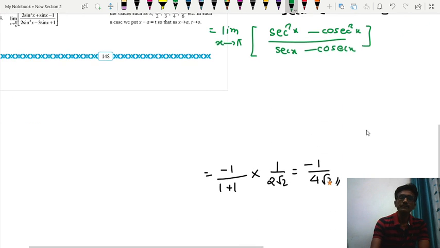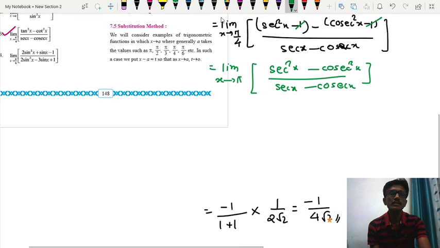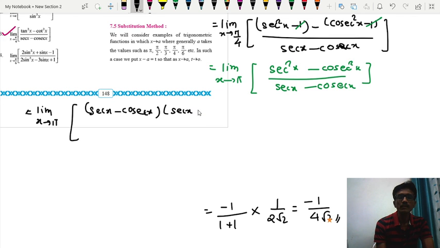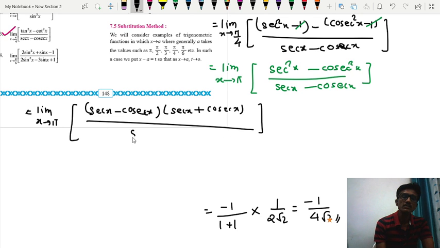Then we'll be getting here, a square minus b square is a minus b into a plus b, that is sec x minus cosec x into sec x plus cosec x, upon the denominator as it is, sec x minus cosec x.